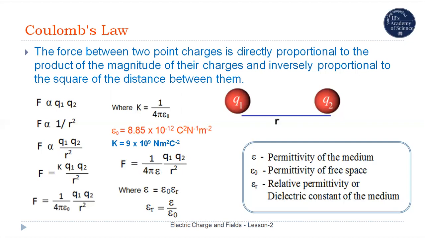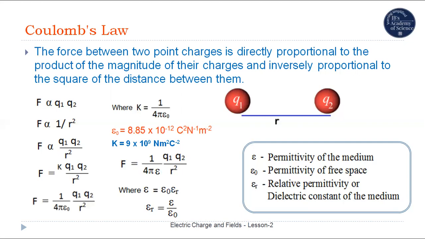We can also write epsilon is equal to epsilon 0 into epsilon r, or epsilon r is equal to epsilon divided by epsilon 0. Epsilon r is a constant of that medium. We call it relative permittivity or dielectric constant of the medium.